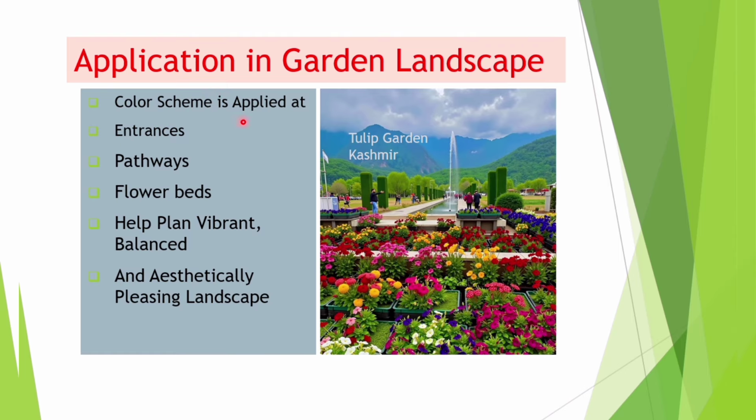These color schemes are applied at entrances, lawns, pathways and flower beds, and they help plan a vibrant, balanced and aesthetically pleasing landscape. As you see in this tulip garden, different color combinations are here. That gives you an aesthetic look and helps you get the desired impact.